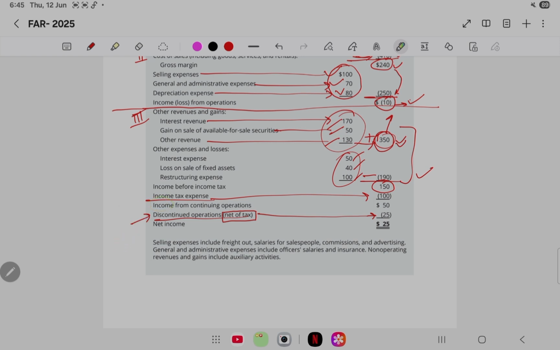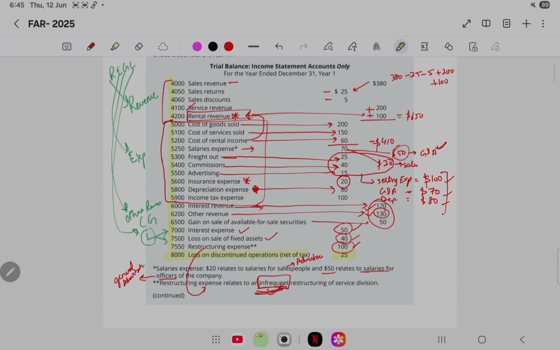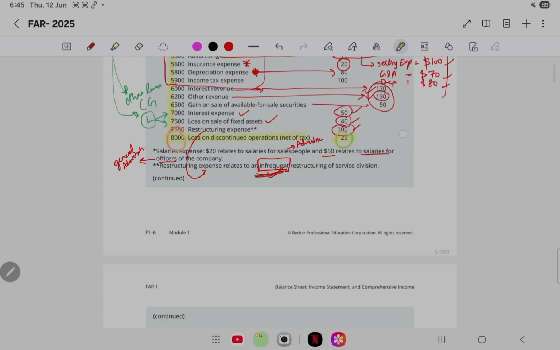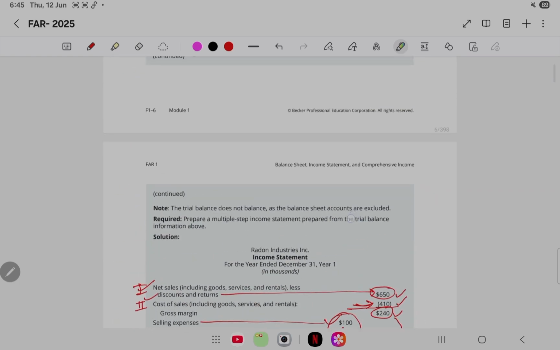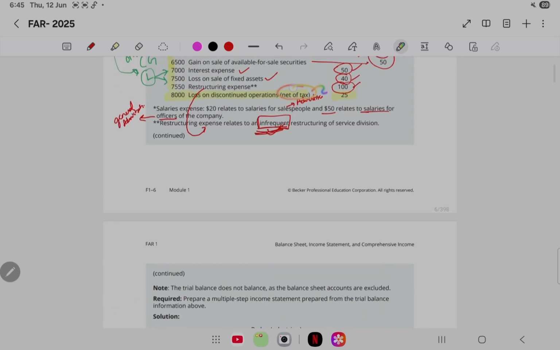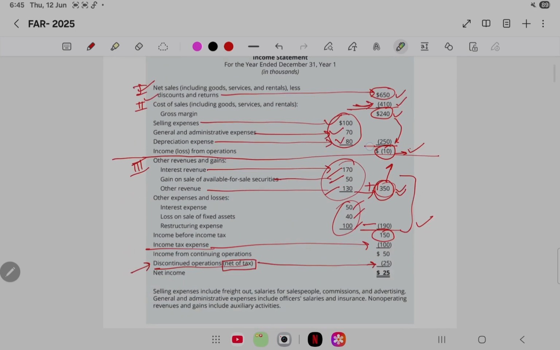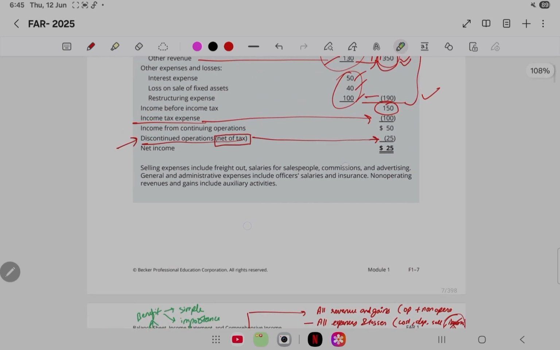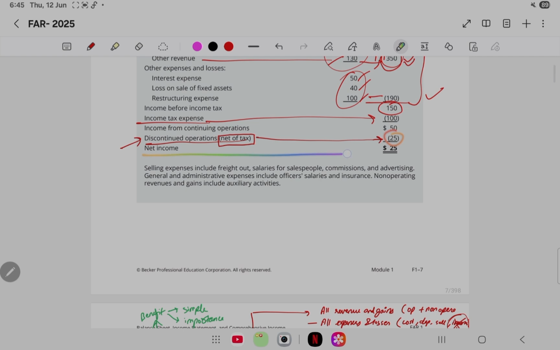Here we use the word income from continuing operations, that is $50. Now discontinued operations is also given in the question, a loss of 25, and this is already net of tax, so we do not need to subtract the tax amount from this. Okay, so now minus 25 and net income is 25.